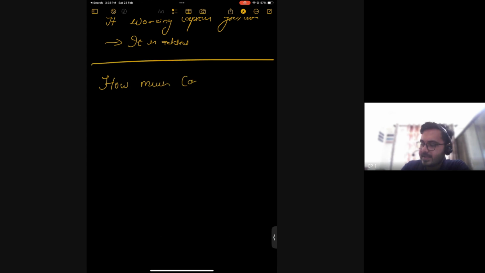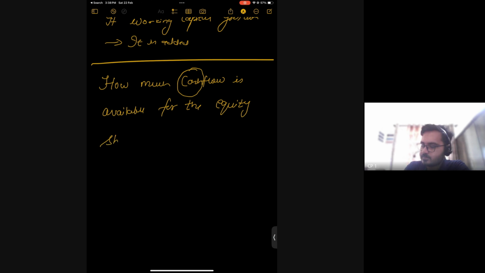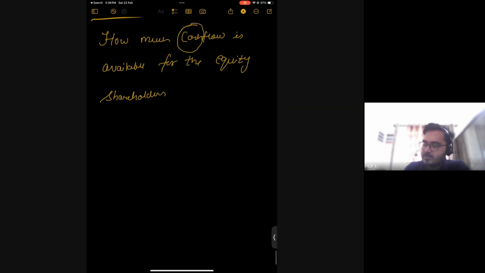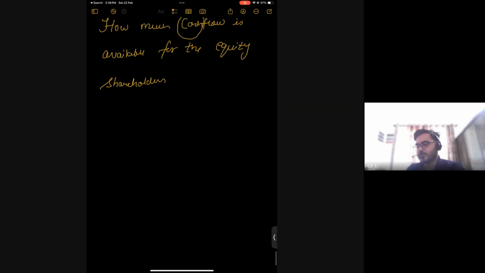I am trying to understand how much cash flow, the word cash here is very important, is available for the equity shareholders, right? This is the fundamental question I'm trying to solve for.